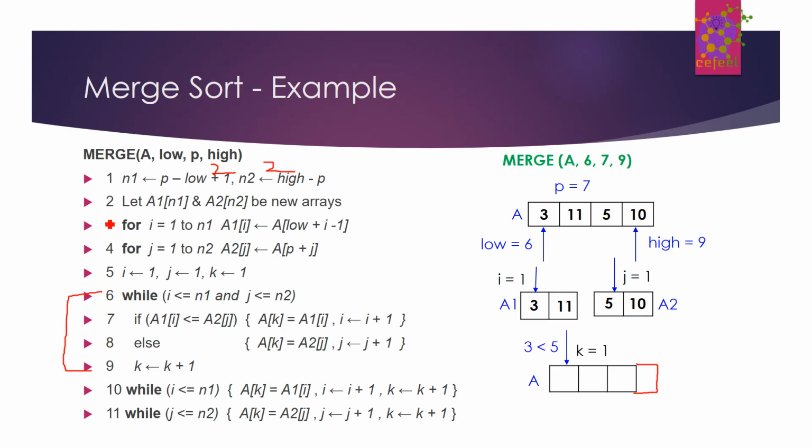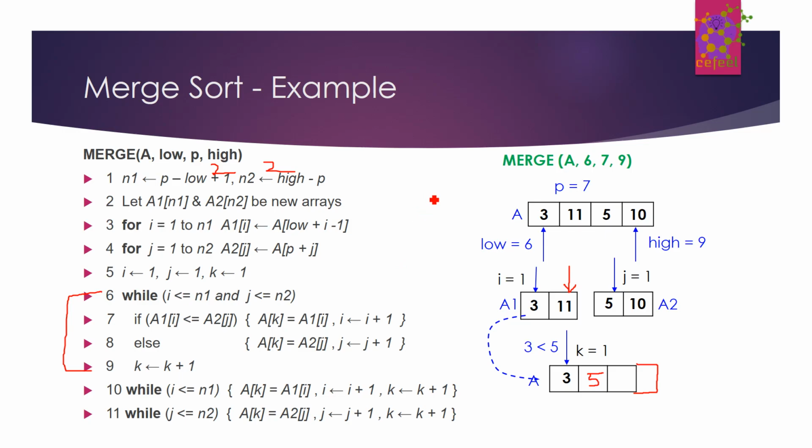So we have 3 and 5. 3 is smaller, so we will copy 3, and then we will increment I. So I will now point to 11, and 11 is still greater than 5, which means 5 will be copied here, and then similarly we will proceed.